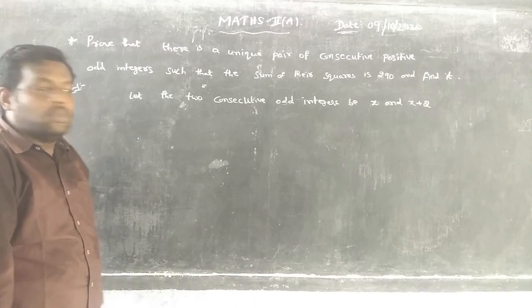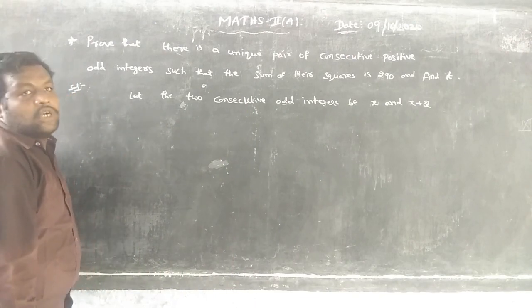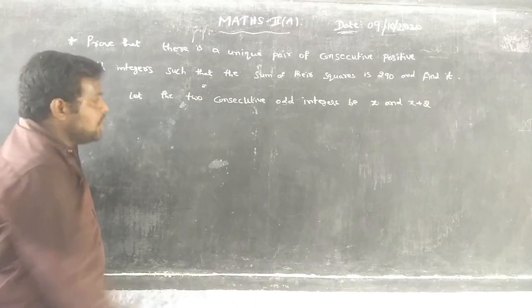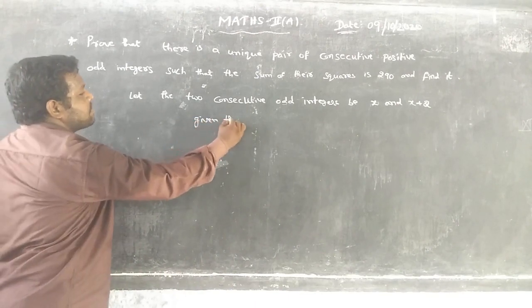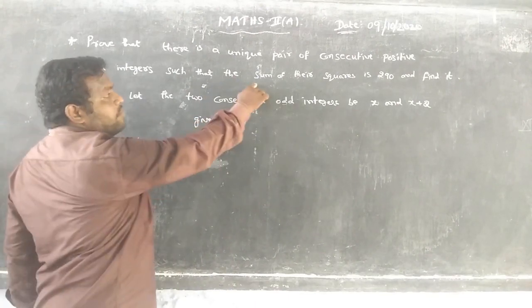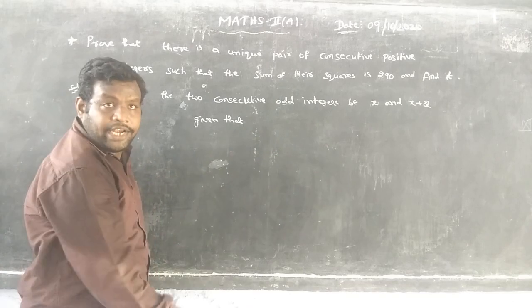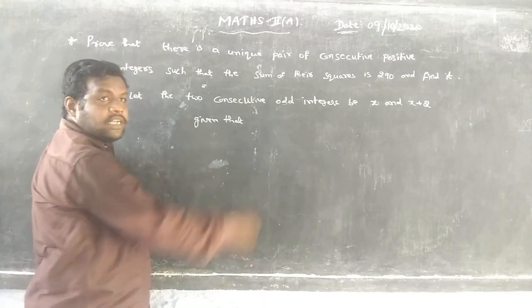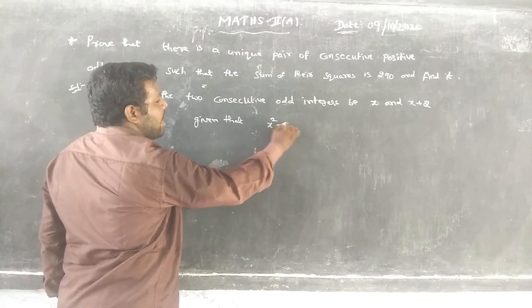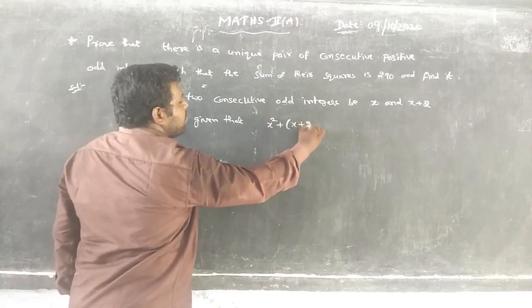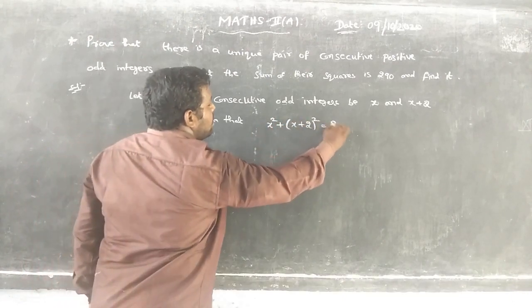What is the given condition? Given that the sum of their squares is 290. Let the odd integers be x and x plus 2. So the sum of their squares means x square plus (x plus 2) whole square is equal to 290.